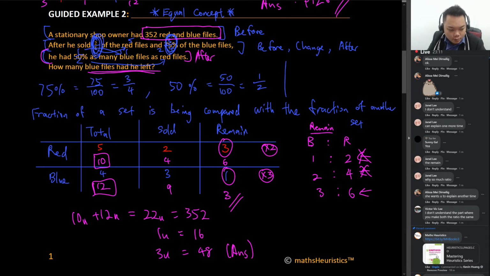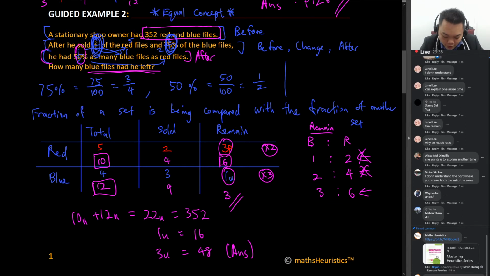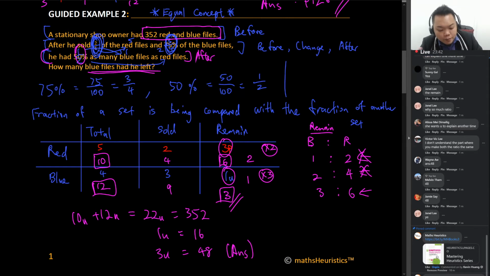I don't understand the part where you make both the ratio the same. Okay, so over here the idea is, you see he had half as many blue files as red files remaining. Correct? But you see that over here, you end up with blue units and you end up with red parts over here. So you want to find some way for this ratio to become 1:2. For the blue to the red to become 1:2.